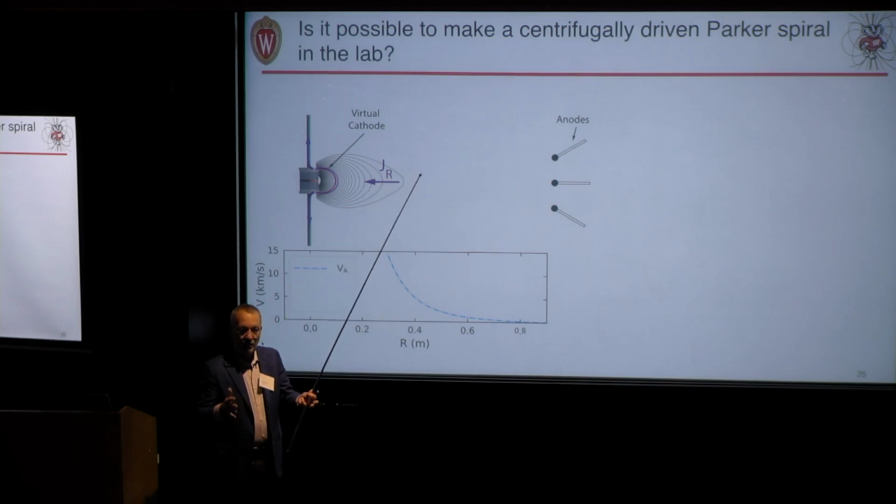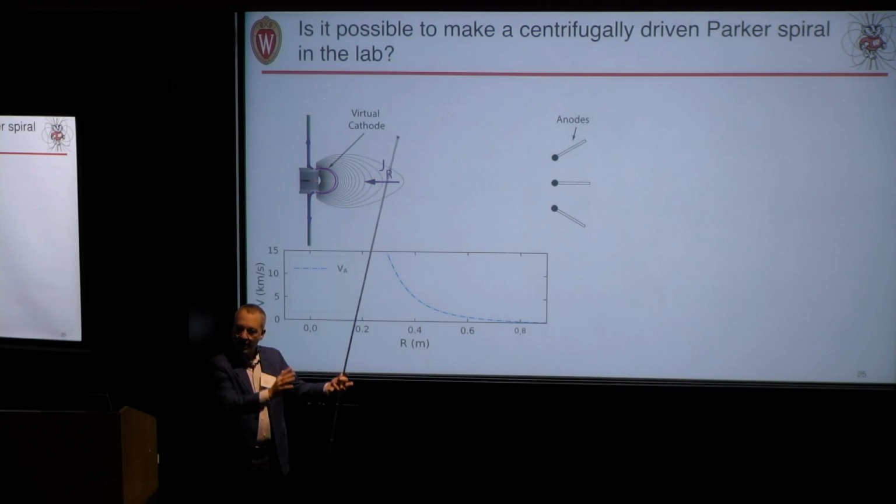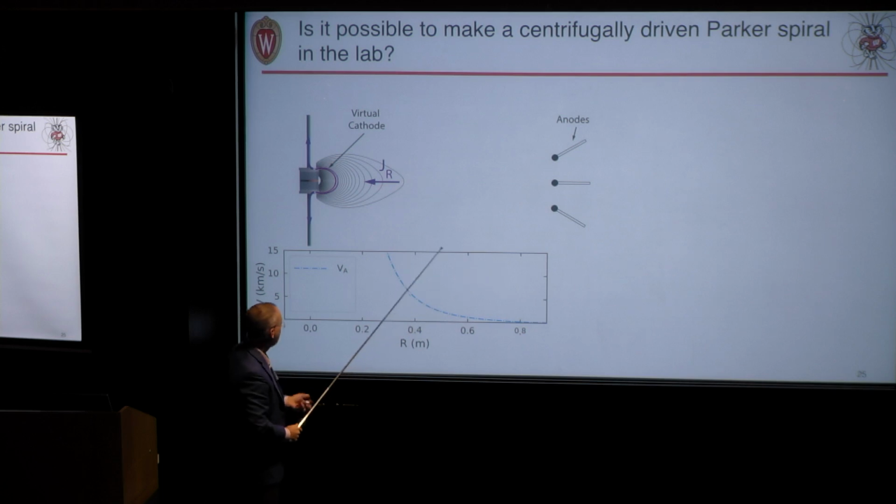So at some level, we're just trying to create an interface between a magnetically dominated and a flow-dominated plasma and see what happens at that spot.